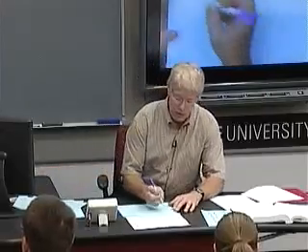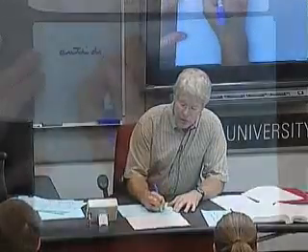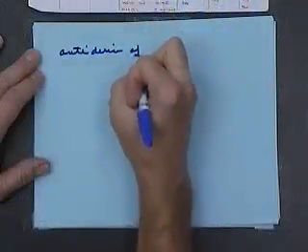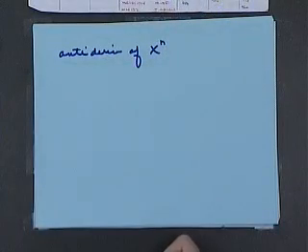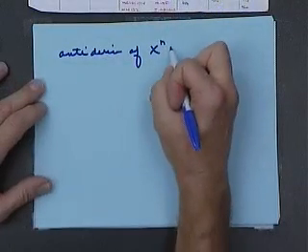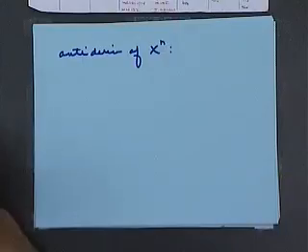So when we want the antiderivative of x to the n, think of the thought process when you were taking derivatives. Didn't you reduce the power by 1, right?